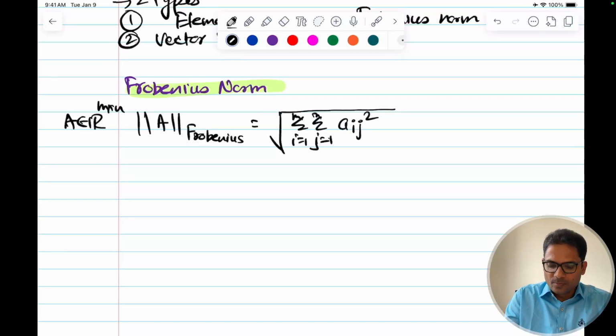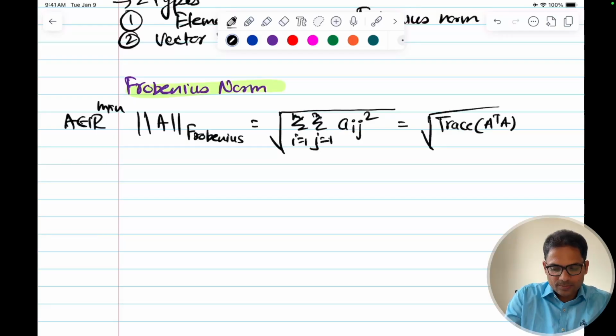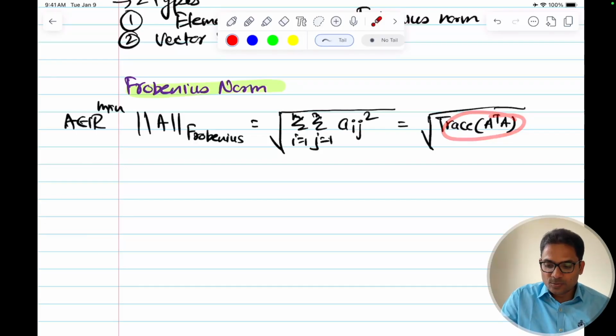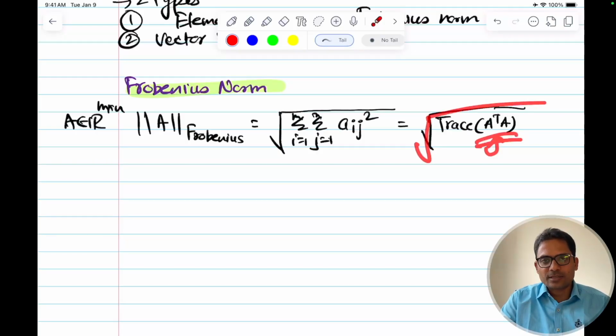And this is also equal to the square root of the trace of the matrix A transpose A. When you do A transpose A, it's kind of squaring the matrix, like x transpose x for a vector. It's a covariance matrix, but it kind of squares it. You take the square root, and the trace has all the elements.